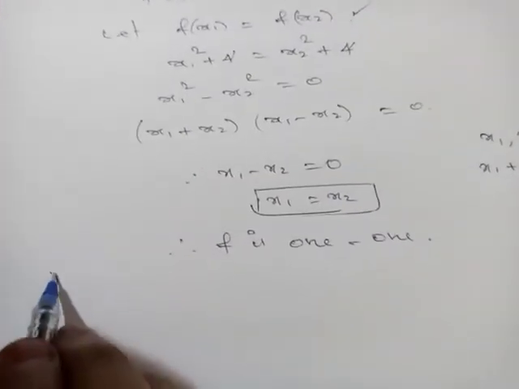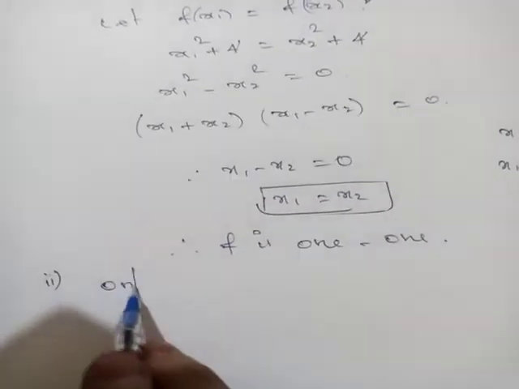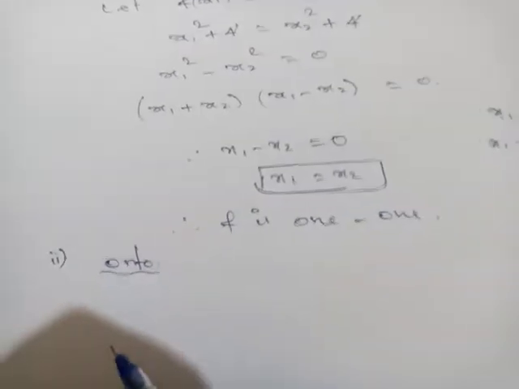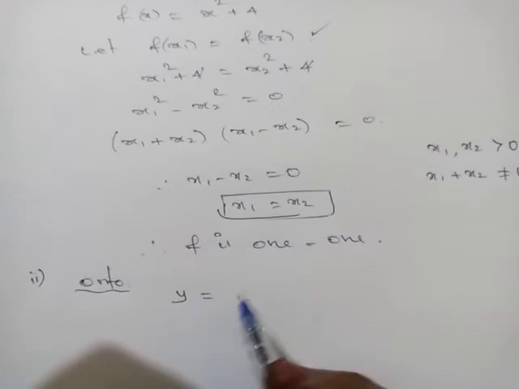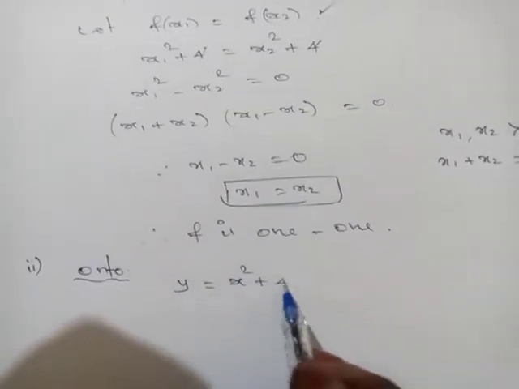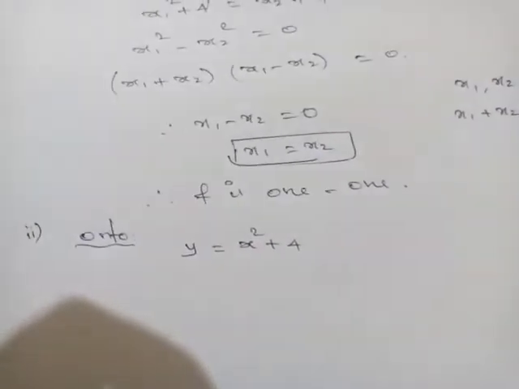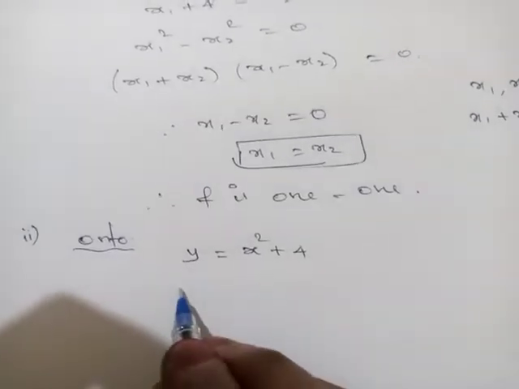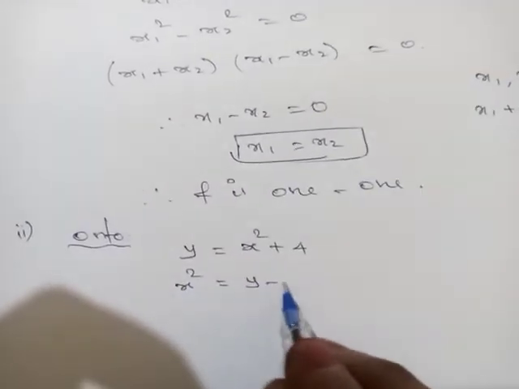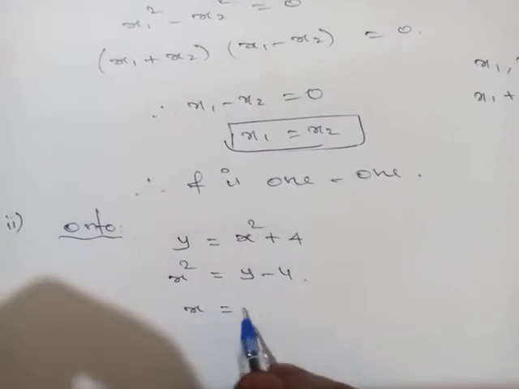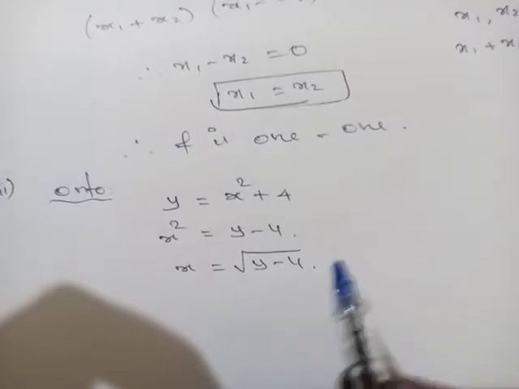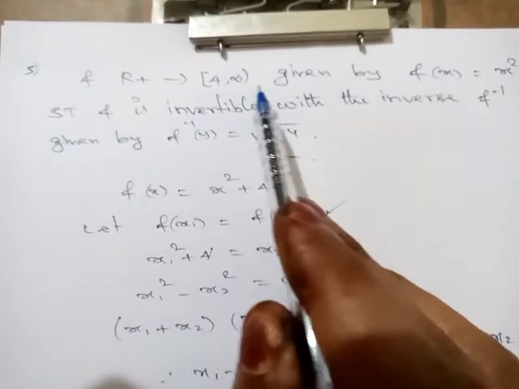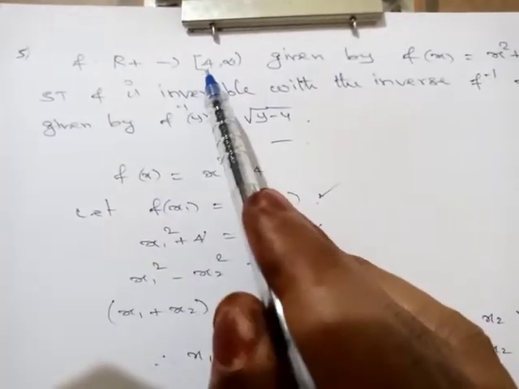So the next one, onto function, we have to prove. The given function I am taking as y is equal to x square plus 4. From this we have to find the value of x, that is x square is equal to y minus 4, then x is equal to square root of y minus 4. So this is nothing but y value takes greater than 4, right? So y value is more than 4.